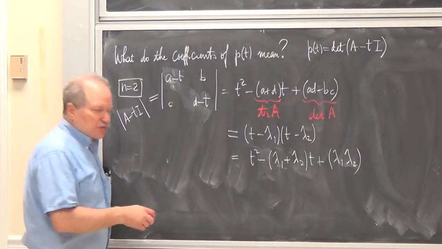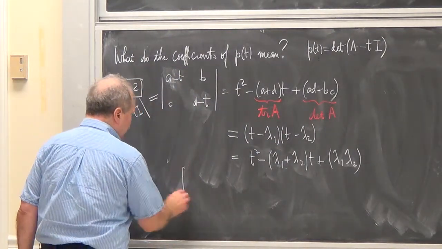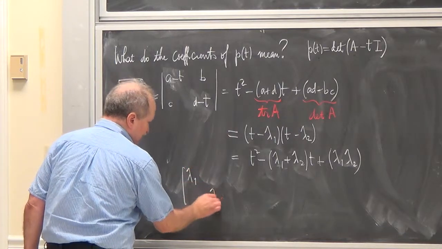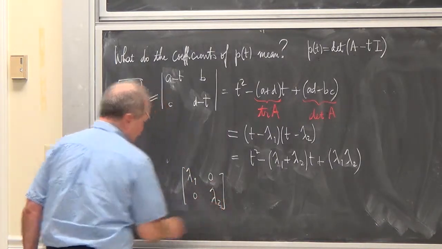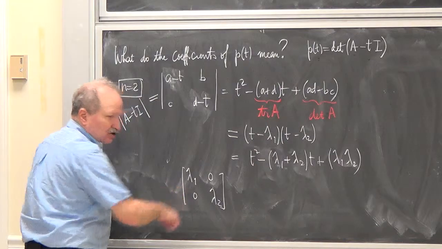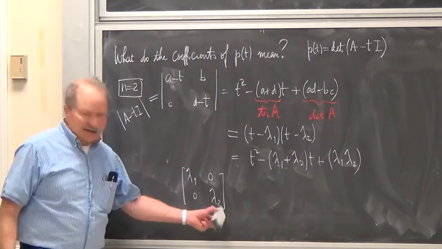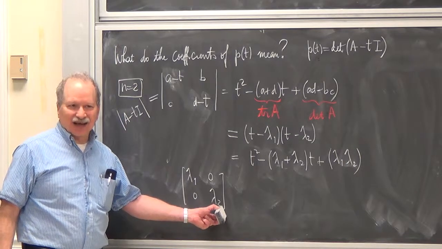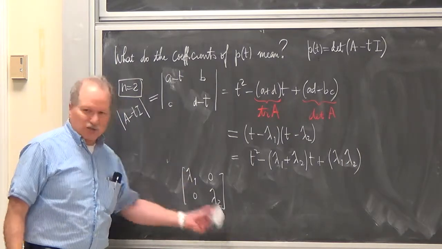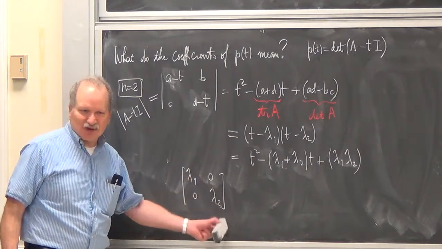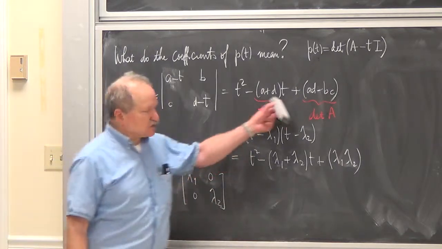Now that's not so surprising, because remember I told you, if you can diagonalize A, then the characteristic polynomial is the same. The trace is the sum of the diagonals, that's the sum of the eigenvalues. The determinant is the product of the diagonals, that's the product of the eigenvalues. So this isn't so surprising.